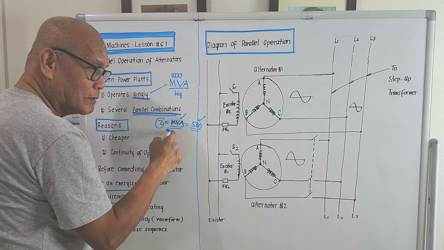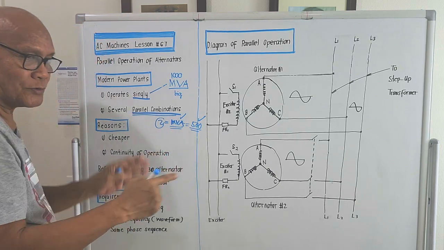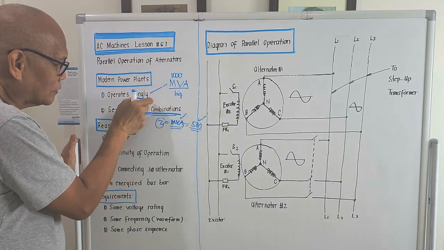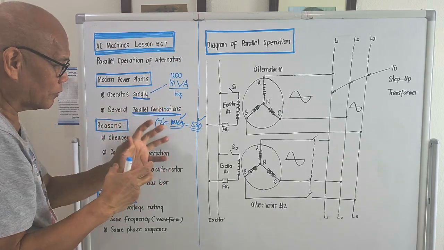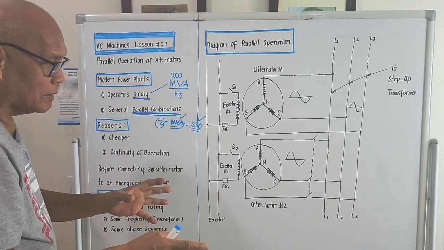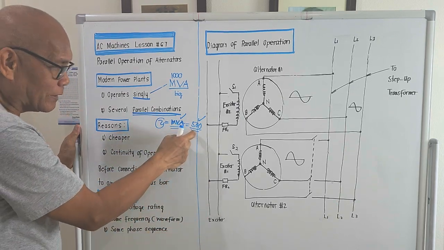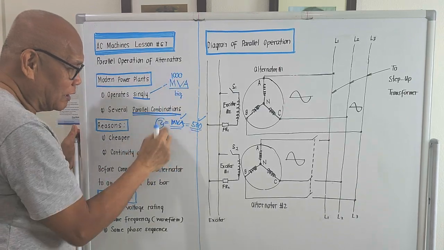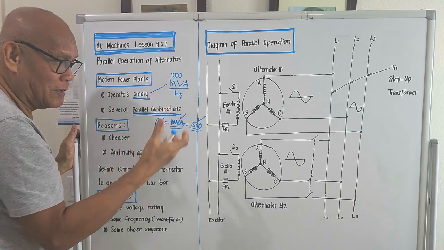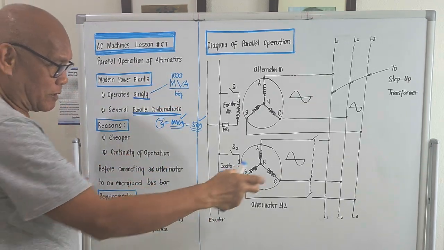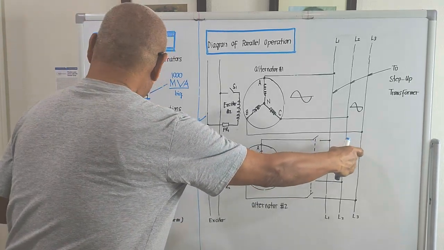So you see the option now. You could operate a 1000 MVA big alternator in single operation, or you could operate two alternators in parallel, and the rating of each will be 500. So the 500 times 2 will still be equal to 1000. It will still satisfy the load that is connected to the bus bar.